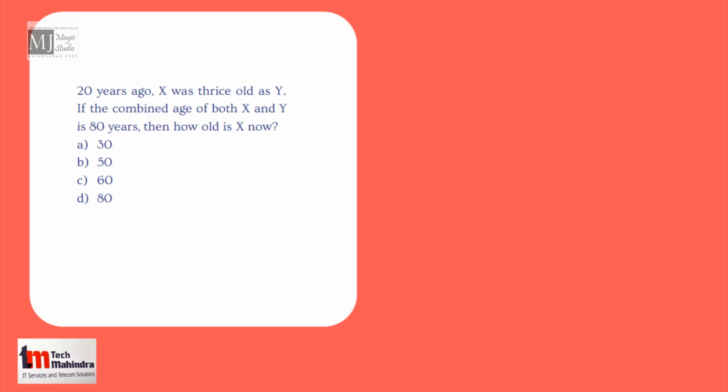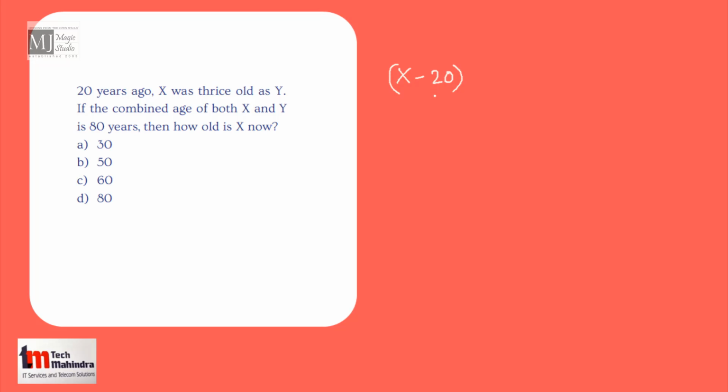Every year they ask this question. Age related equation based question. 20 years ago, X was, so X was x minus 20 years ago, if x is the present age.